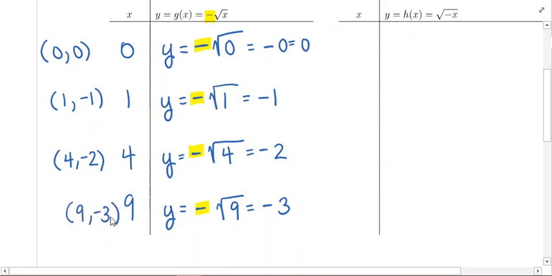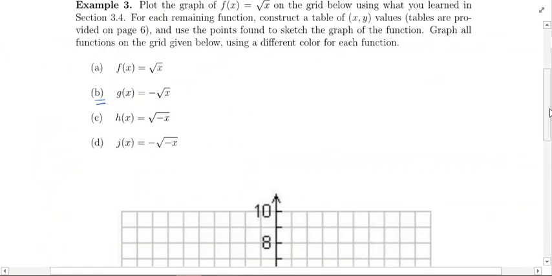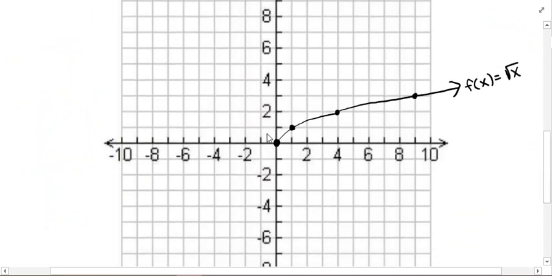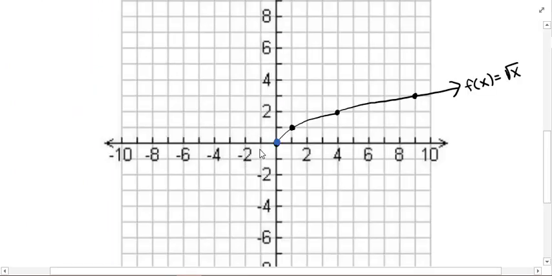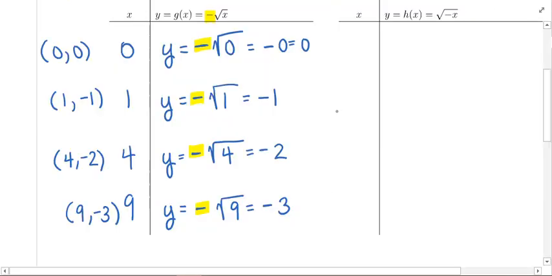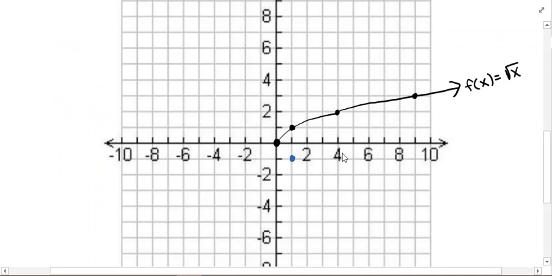I am going to go ahead and plot this graph out. Let's go back to this page. I'm putting this graph in blue. It's going to go through the origin. Then our other points are going to be (1, -1), that's right here, and then we've got (4, -2), that's right here.